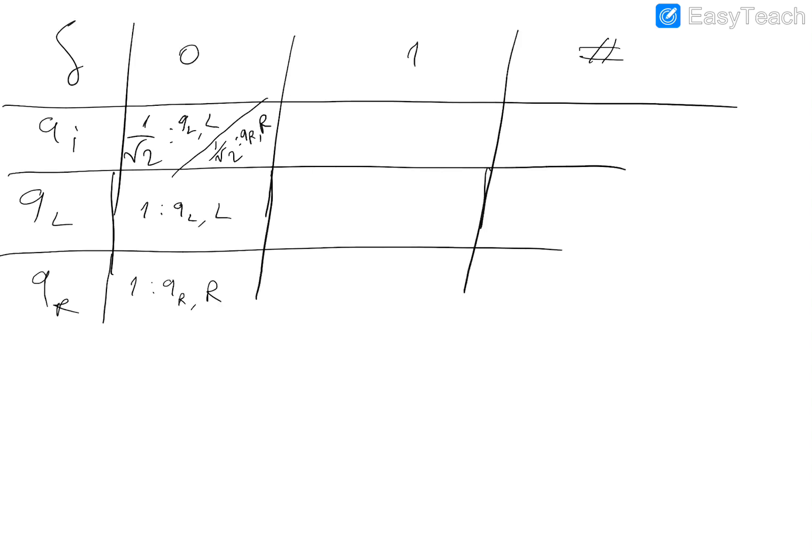If we read 1, in any case, at any stage of the computation, we're going to accept the input, QA, with amplitude 1. And if we read the end marker without coming across any 1s, that means we need to reject the input. Q reject.